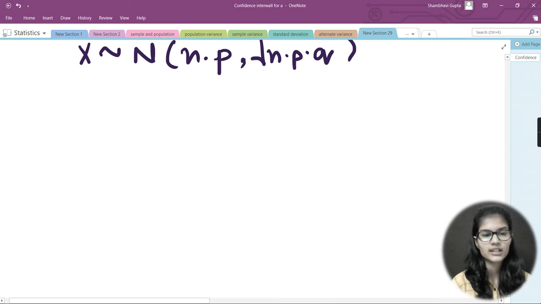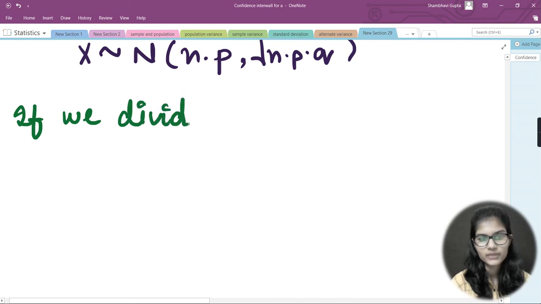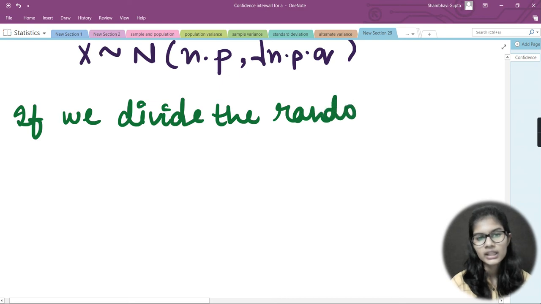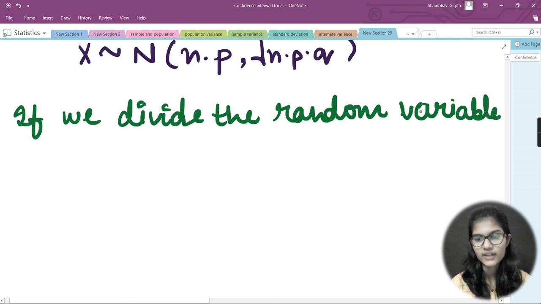Okay. Now the next thing that comes here is that I have some more formulas to apply here. Second thing, if we divide the random variable by n, the random variable that we have, here the random variable is my capital X, right, that we have taken.